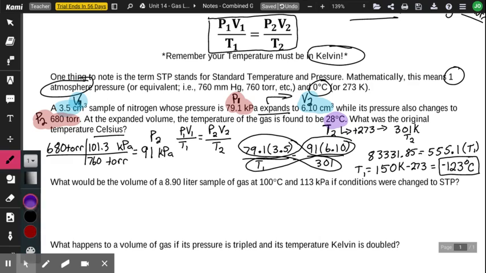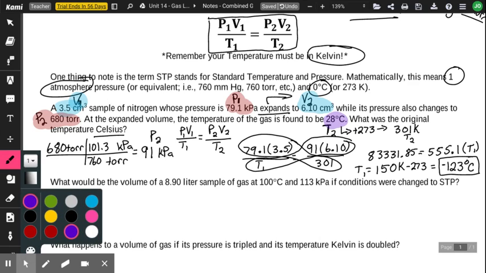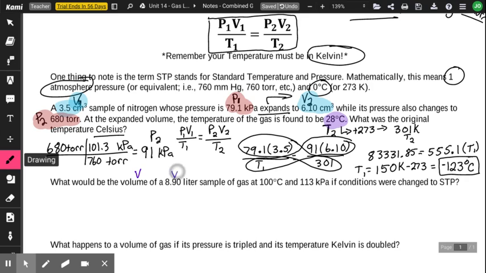Okay, so we'll do that. So I have, again, this volume, this temperature, this pressure. If the conditions were changed to STP, okay, again, so right there, they're telling us two pieces of information. They're telling us our temperature and they're telling us our pressure.